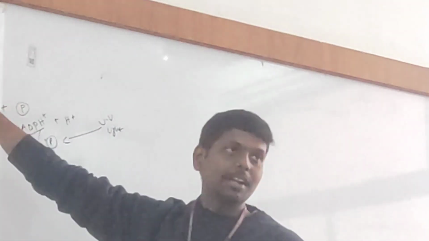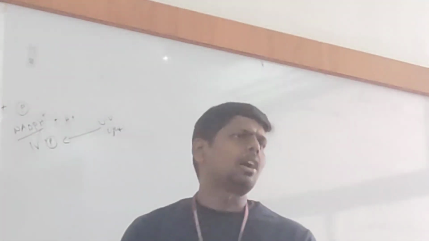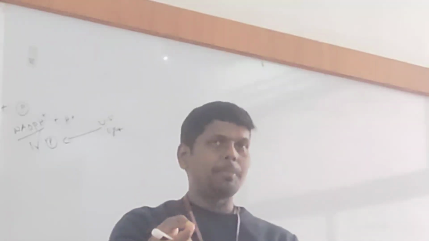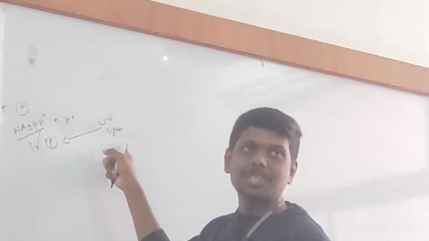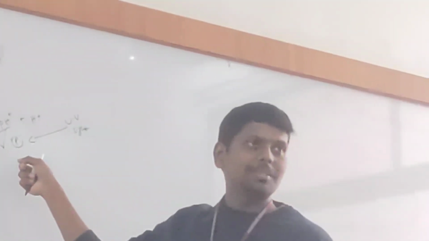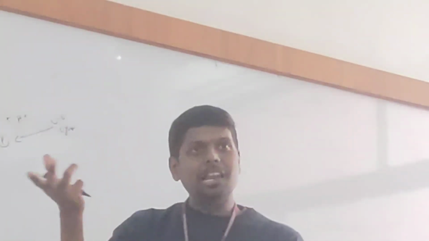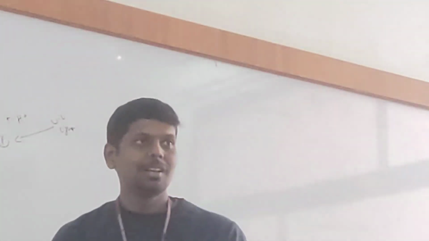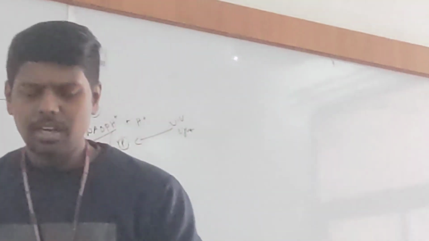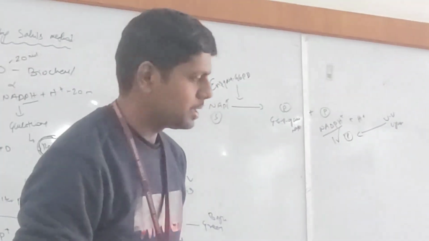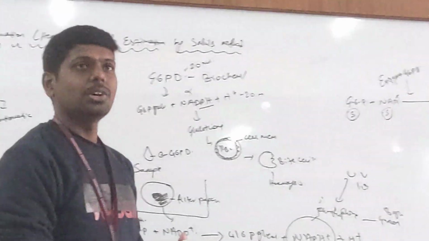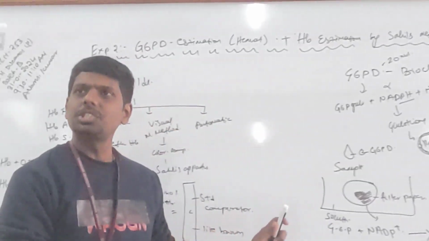The enzyme reacts, then after 10 minutes or after 1 hour, I will dry the paper and keep it under UV light. It will emit some color, and that color is directly proportional to G6PD. A simple test, very low cost, maybe 100 rupees around, depending on the kit also. Anyway, clear, right? That is G6PD.